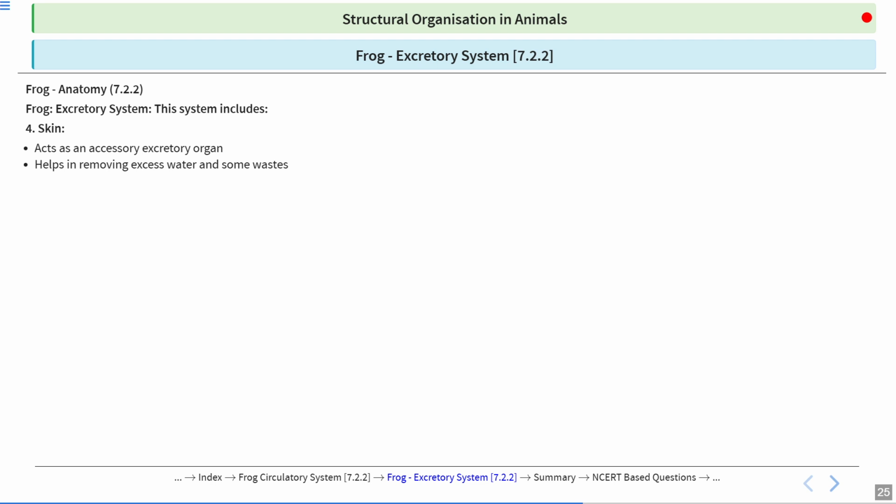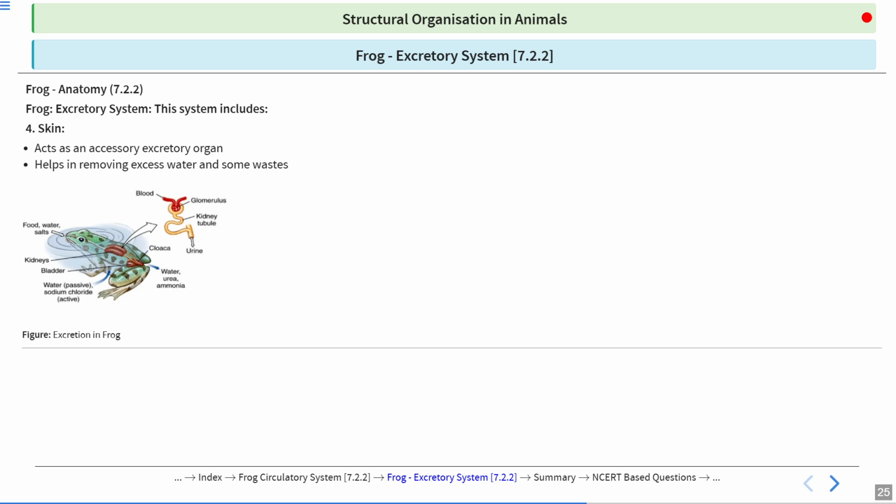If the body has a lot of water inside and some waste substances are there, at that time the skin removes all that extra water and some waste substances. So here you can see it is present in the water. At that time, they can remove the excretory substances from the skin only, right?